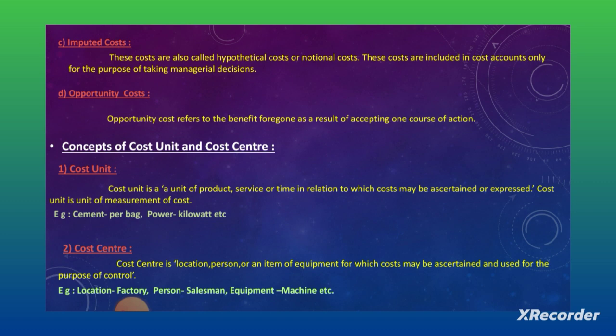And then the concepts of cost unit and cost centers. Cost unit. Cost unit is a unit of product, service, or time in relation to which costs may be ascertained or expressed. Cost unit is the unit of measurement of cost.